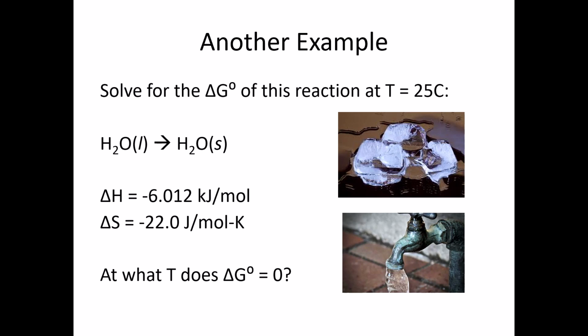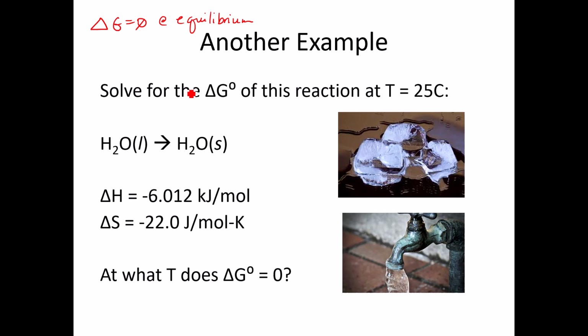Equilibrium between the solid and the liquid phase, or equilibrium between the liquid and the gas phase. At equilibrium, delta G is 0. Alright, that means neither direction is favored. Neither reaction direction is favored at equilibrium.